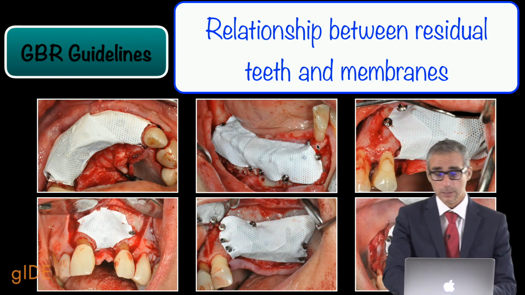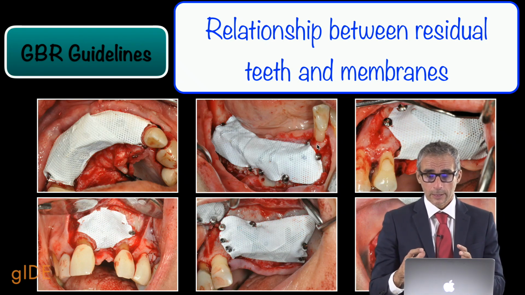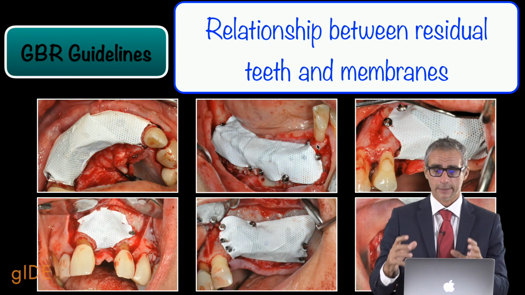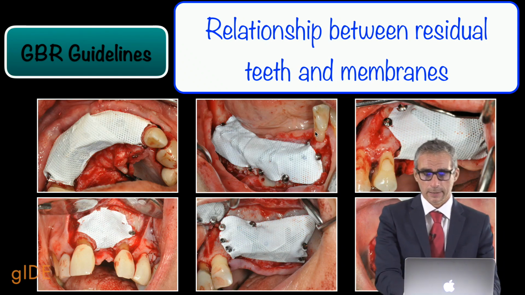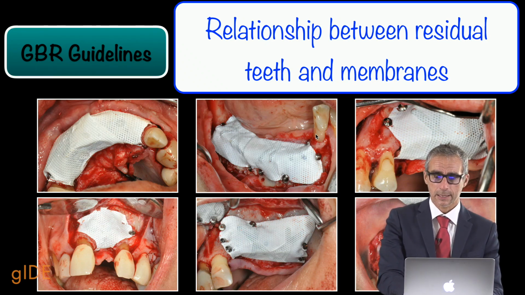In this way we can develop the periosteum and the connective tissue attachment: the connective tissue attachment against the root, well cleaned, and the periosteum attachment against the residual bone.